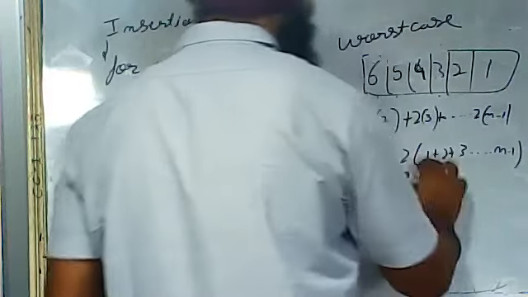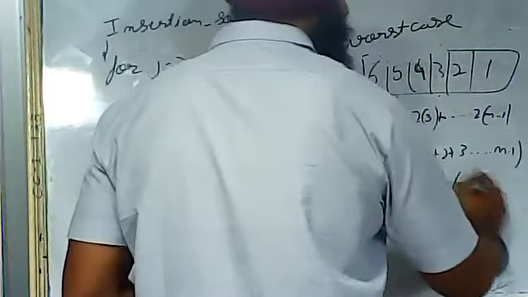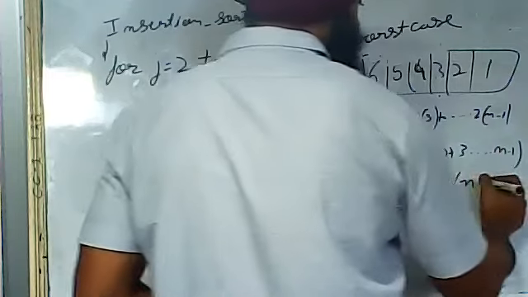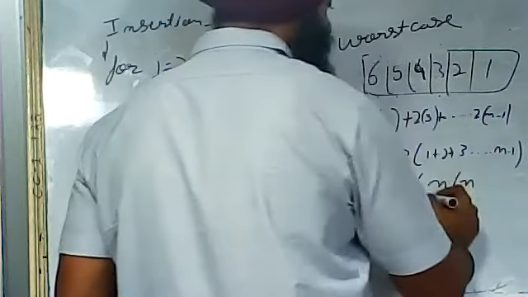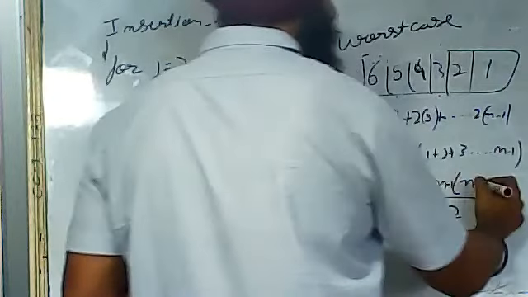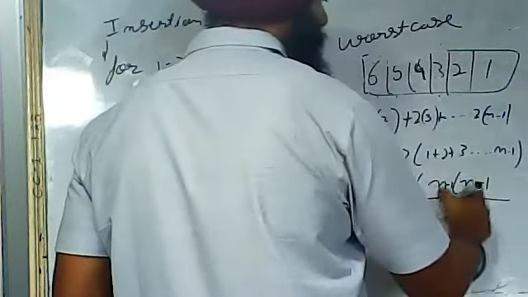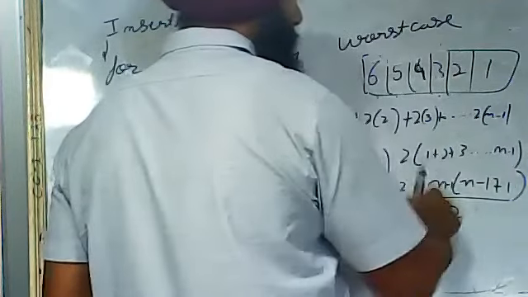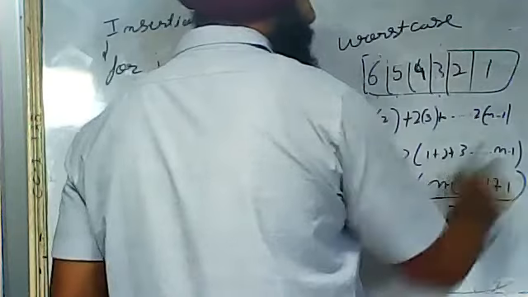And if I write the formula of the sum of n natural numbers, that will be n into n plus 1, actually, but the number of elements is n minus 1, and the last term plus first term is n minus 1 plus 1.